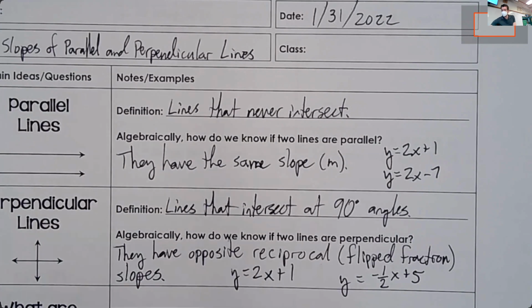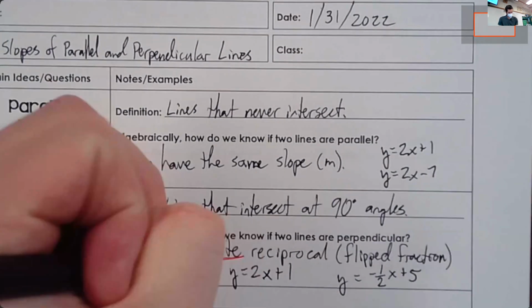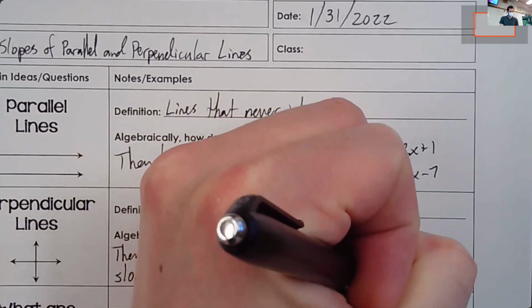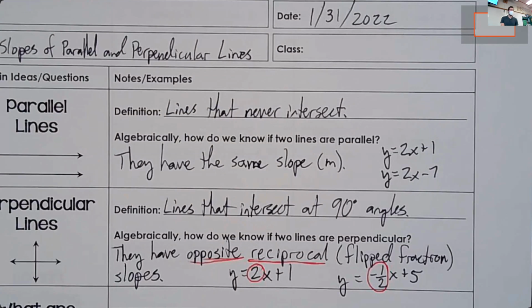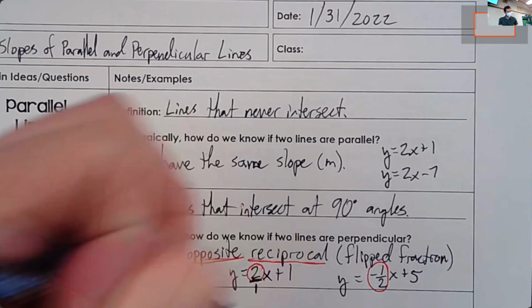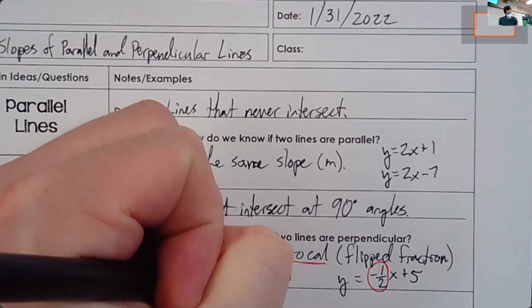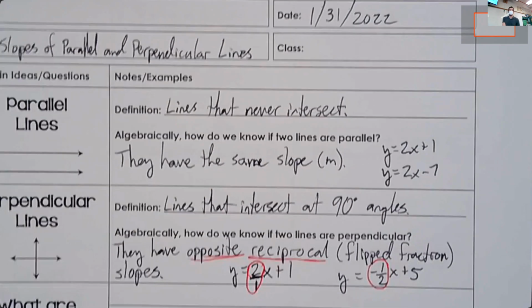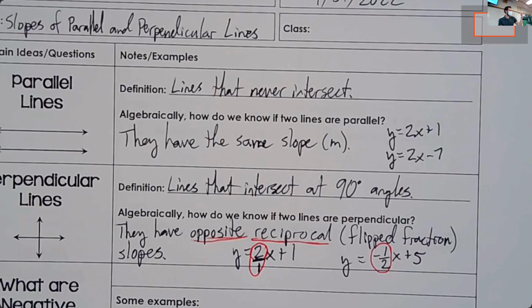So I am going to circle the 2 and the -1/2. So that red right there, I'm highlighting opposite reciprocal slopes. In fact, I'm going to make this 2/1. I think that makes it easier to see that it's a reciprocal when you have that denominator.